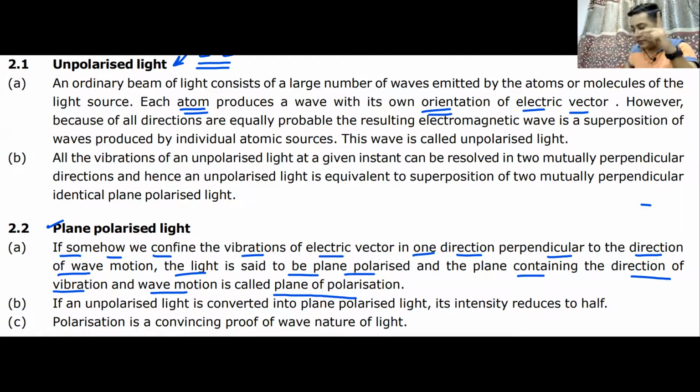If I can make something happen so that electric field is only along y-axis or electric field is only along z-axis and it does not have any other component along any axis, we will call such light as plane polarized light. Do we understand this?